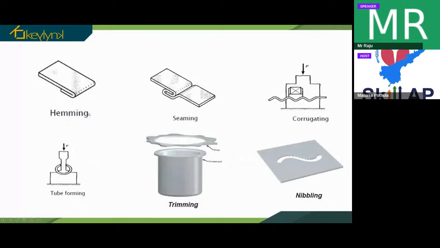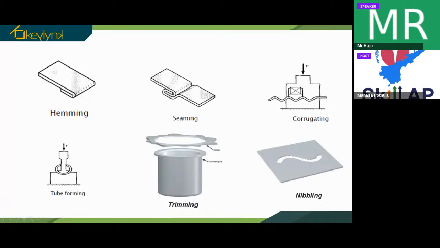Then we have hemming. Hemming is also a bending process. We have also heard of it in fabric sections, in clothes, where they do hemming. What it means is we bend one portion at one end of a sheet metal like this, and we can include another sheet metal here, and join them without any welding or other fixtures like nuts and bolts or rivets.